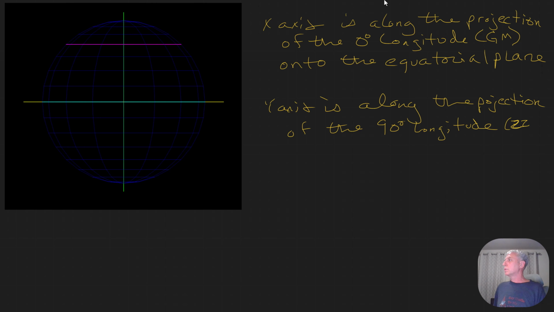Because axes extend in both directions infinitely, the y-axis is along the projection of the 90-degree longitude onto the equatorial plane.